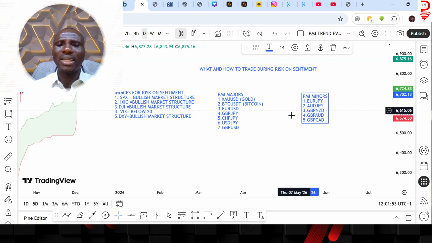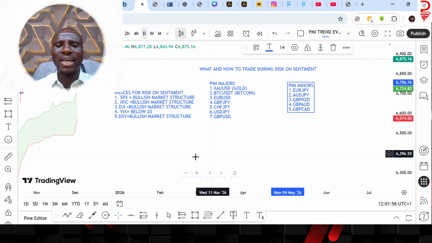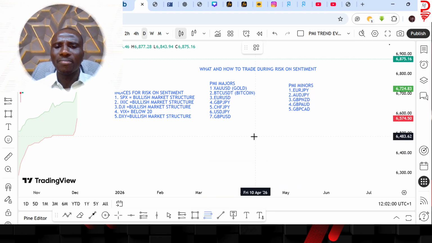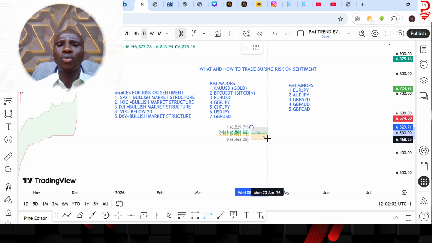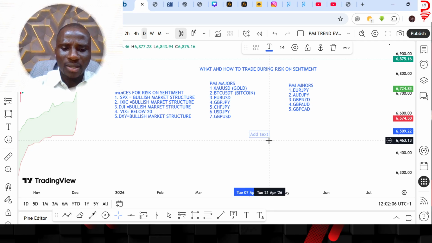So let's now begin. Having said all of this, if you are in a risk on sentiment, what are you expected to trade? What to trade during risk on, or let me just say risk on asset selection.